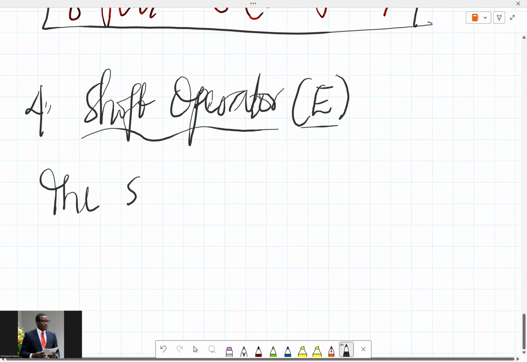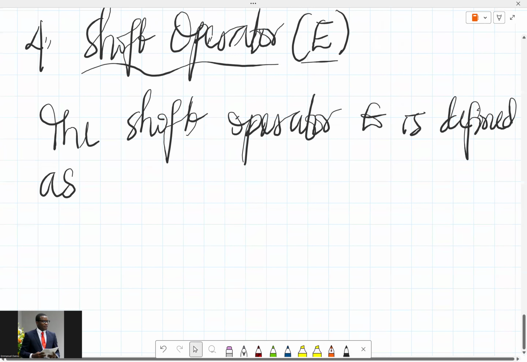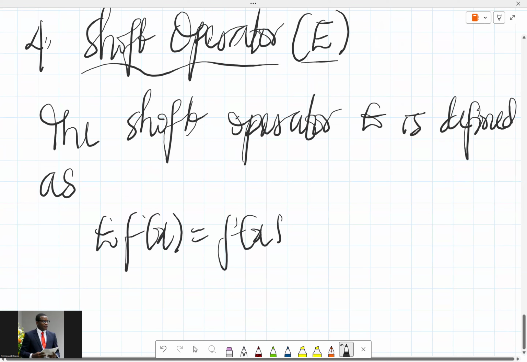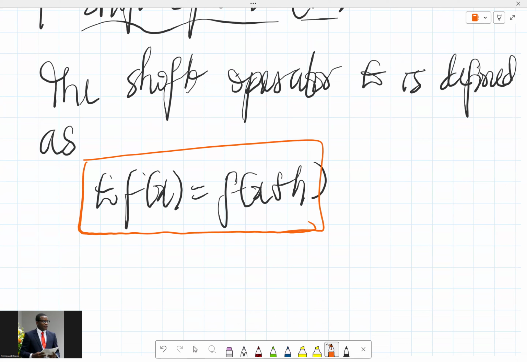The shift operator E is defined as E f of x equals f of x plus h. So that is the shift operator as a standalone, but that's not the only one we have.